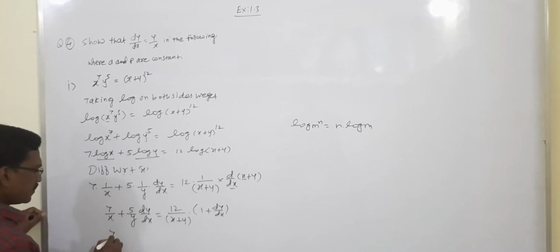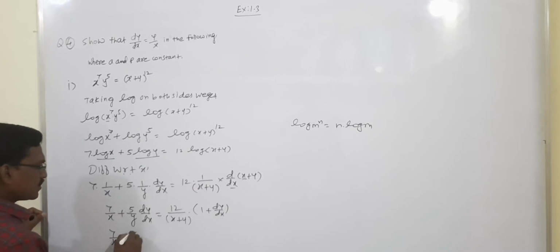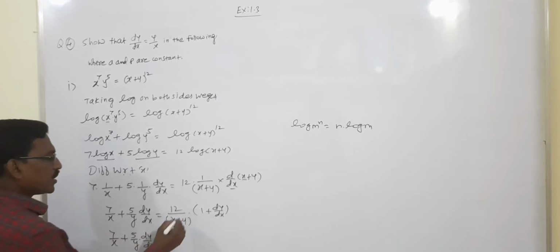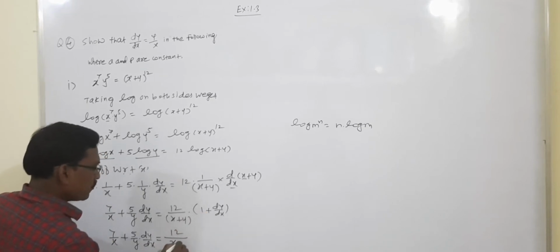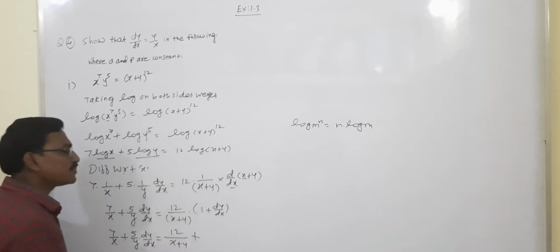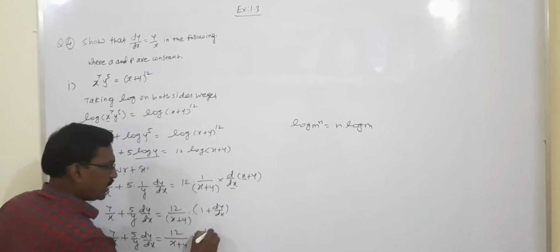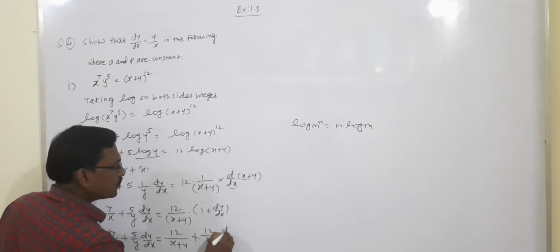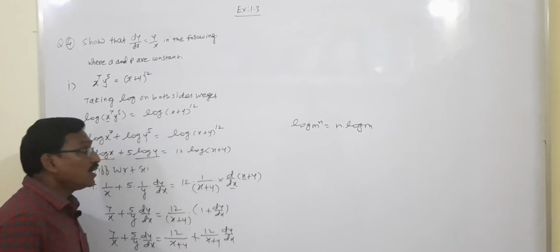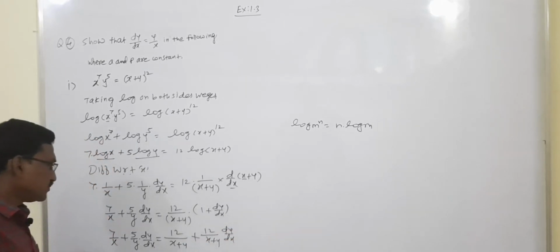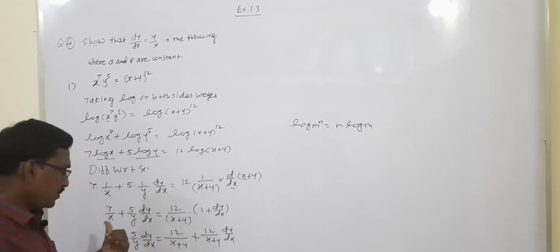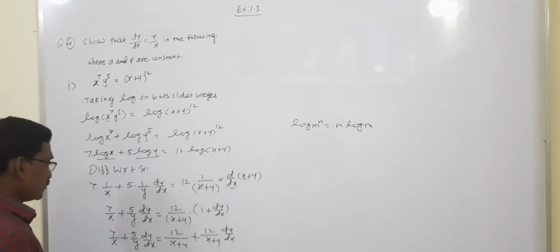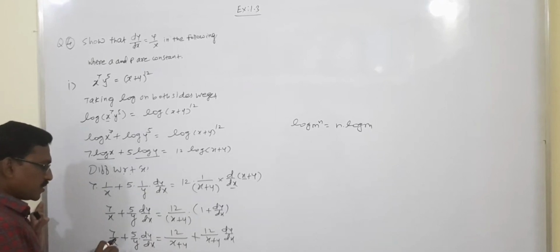So 7 by x plus 5 by y into dy by dx is equal to 12 by x plus y into 1 as it is, 12 by x plus y plus again 12 by x plus y into dy by dx. Now we take the terms of dy by dx in the left hand side and the terms without dy by dx in the right hand side.